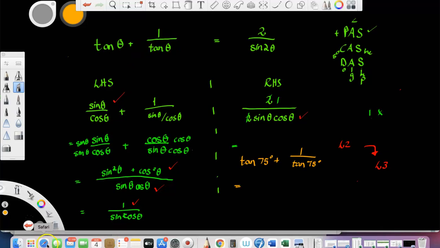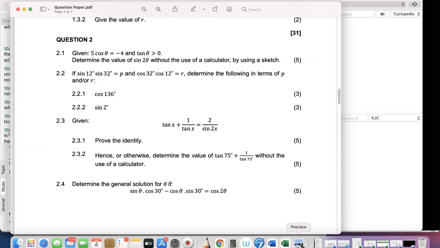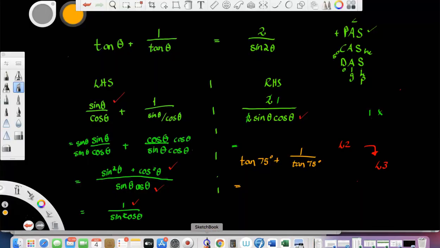I used theta. I think this was A. X is 2 over sine of 2 times that angle. So that is 75 times 2 is 150.